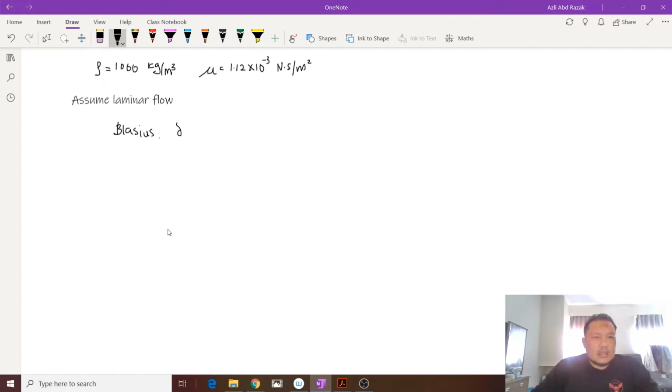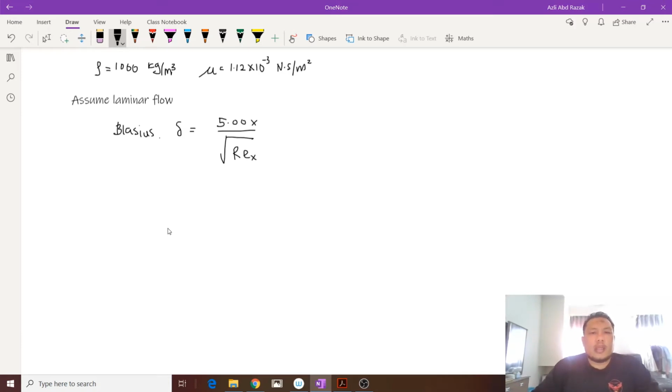So from the Blasius solution, the delta is given by 5x divided by the square root of Re x.